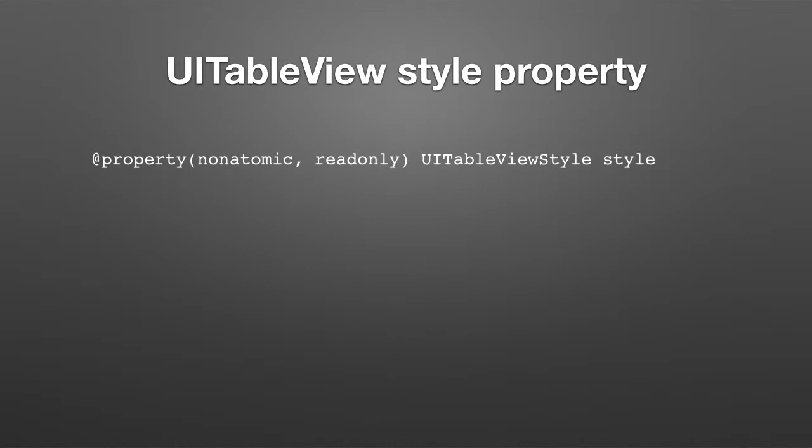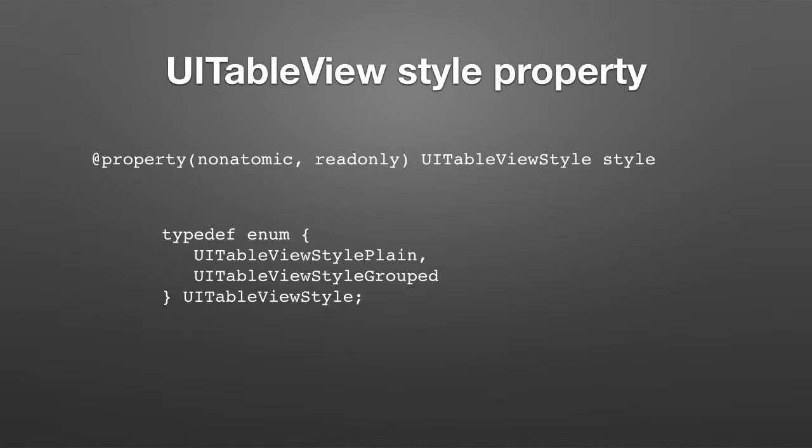UITableView has a property and it's style. And there's an enumeration list that defines it. It could be plain or it could be grouped, as I indicated. Now, one thing to note is that this property is read-only. So in other words, it's set when the object is created and cannot be modified.